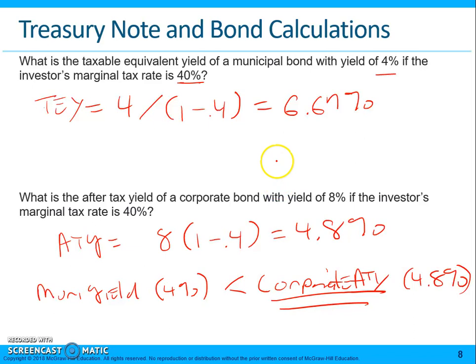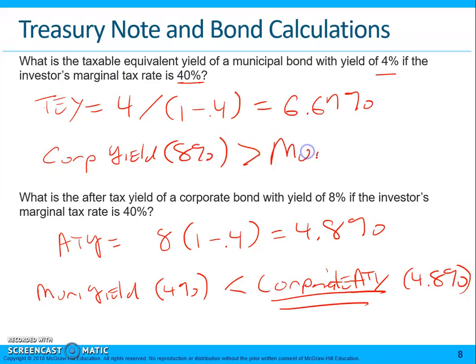And we can do the comparison on an after-tax basis. We'll get the same answer. So we've got a corporate yield, 8%, is greater than the muni TEY of 6.67%.